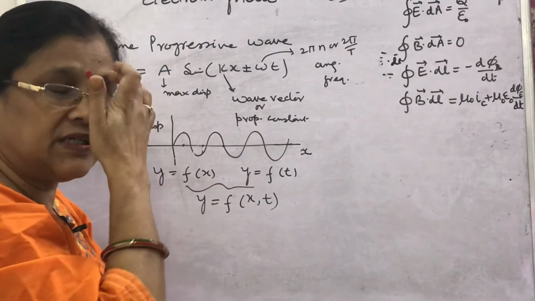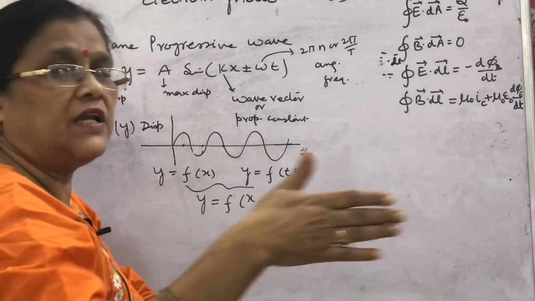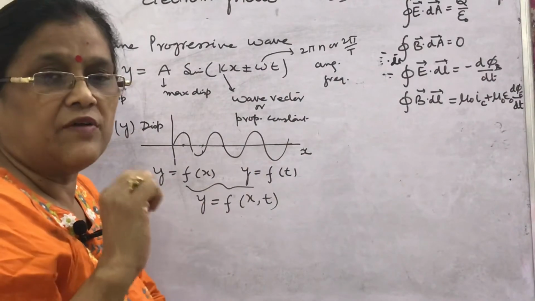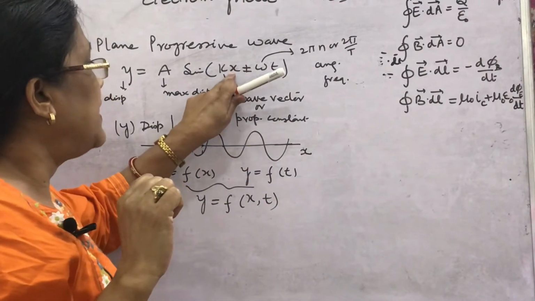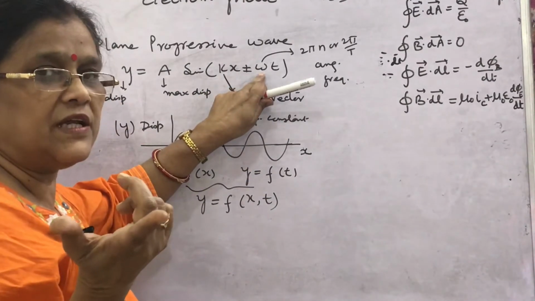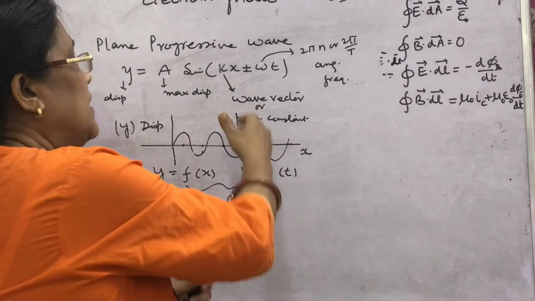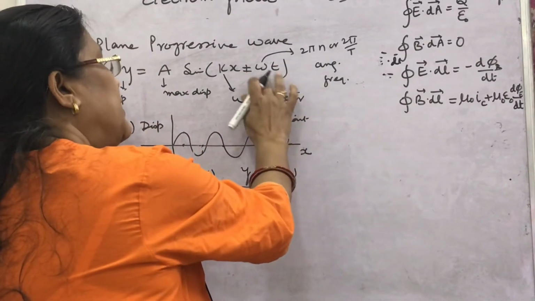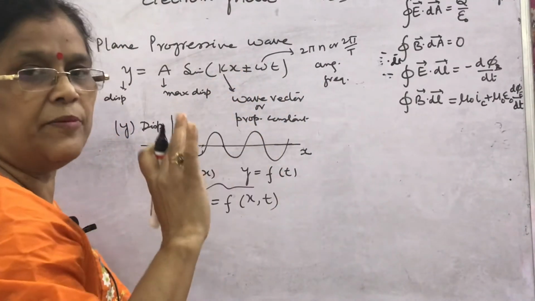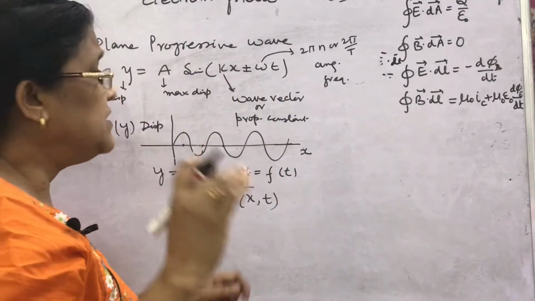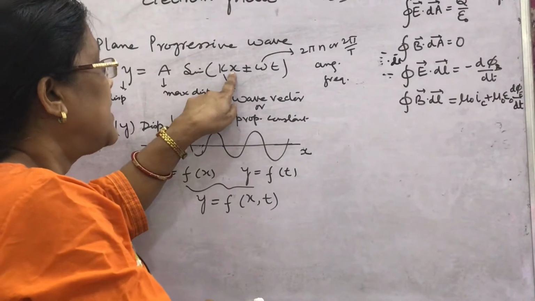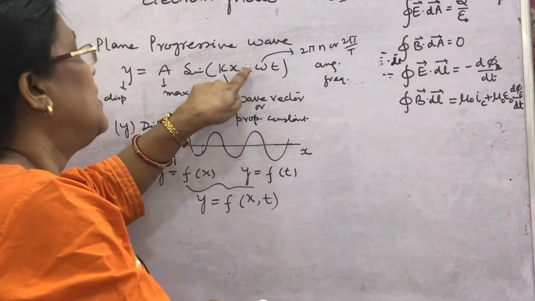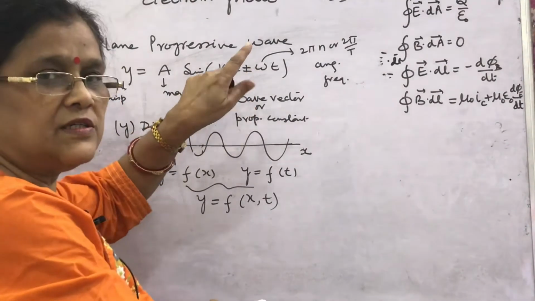In some questions it is asked in which direction the wave is travelling. If it is written kx plus omega t, then minus x direction. Also, kx plus or minus omega t, or omega t plus or minus kx, is the same. Pay attention: if it is written kx plus omega t or omega t plus kx, same.